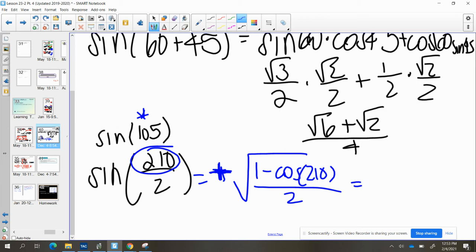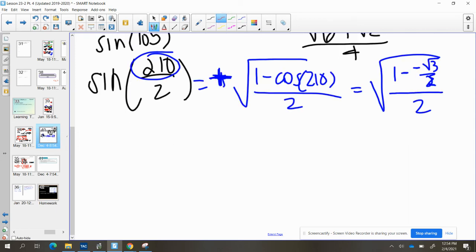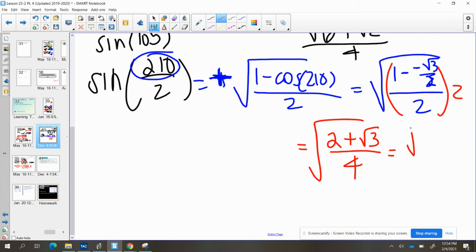And the cosine of 210 degrees is actually a negative value, right? So we would have 1 minus negative square root of 3 over 2, all divided by 2. And then when we multiply everything by a 2, we end up with 2 plus the square root of 3 all divided by 4, which is just going to be the square root of 2 plus the square root of 3 divided by 2.